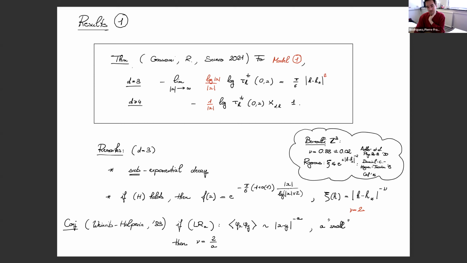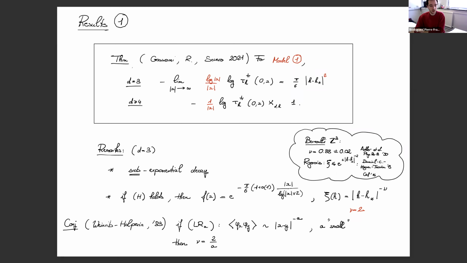Just for you to witness this: first of all, in Bernoulli percolation, there is no reason to expect in dimension 3 that this value of nu is nice. Here it's a rational number, but for Bernoulli, presumably it won't be. It has no reason to be. And the best rigorous results we have do not even witness a polynomial dependence on h for the correlation lengths. And of course, this is related to the problem of showing that the phase transition is continuous.